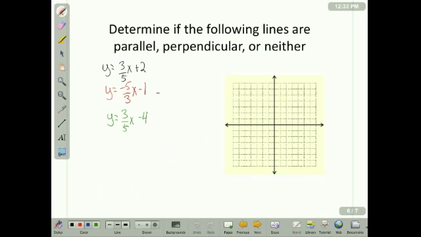We've got three equations here that we need to graph and figure out if they're parallel, perpendicular, or neither. My y-intercept for the black line is positive 2. And when I replace the x with 5, I'm left with 3 plus 2 is 5, so 5.